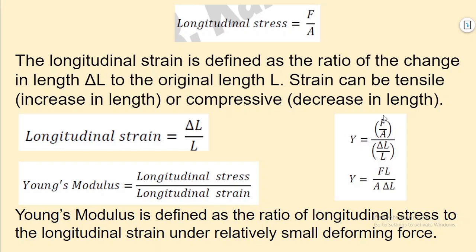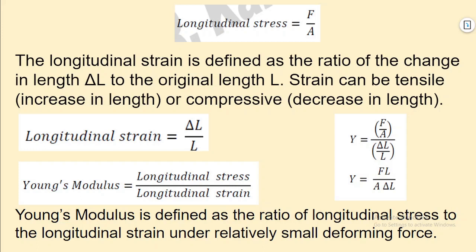So Y is equal to the longitudinal stress, F by A, divided by delta L by L, that is the longitudinal strain. When we arrange this, we have Y is equal to F into L divided by A delta L. Suppose we are considering the elongation of the material, and we are hanging a load to one end of the material.